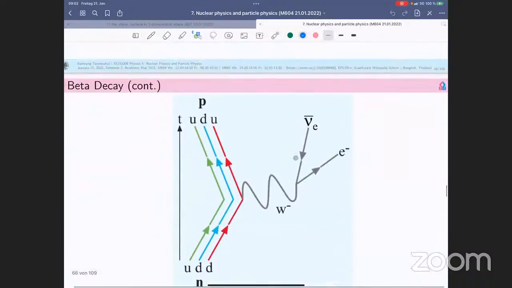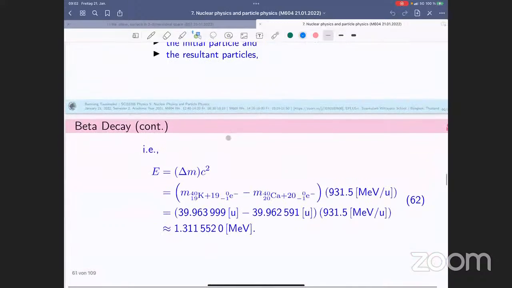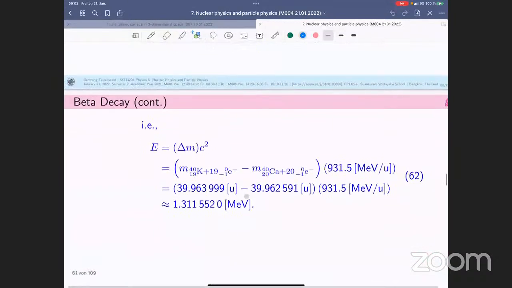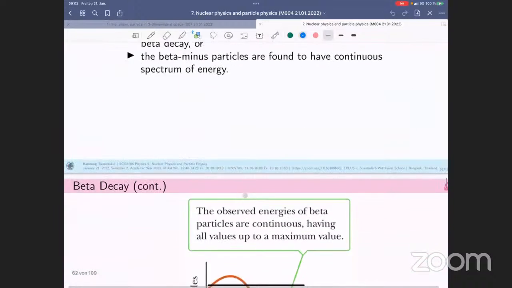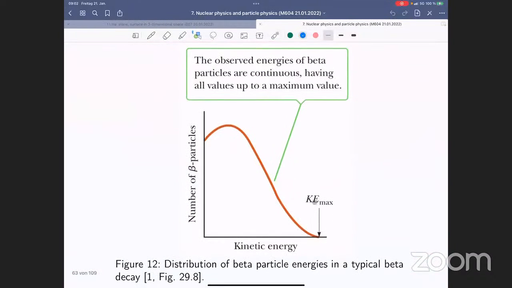In the calculation, we got the released energy as a discrete number. But from the experiment, physics is quite strict. We have to compare it to the actual measurement, but the apparent spectrum is continuous. So what's the reason behind it?